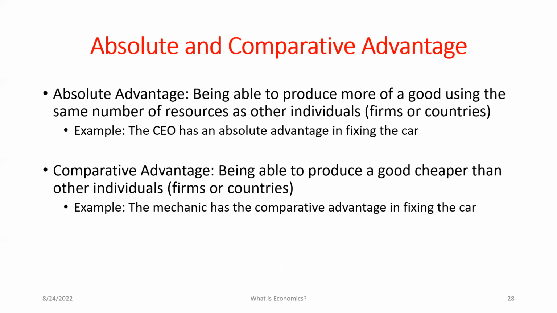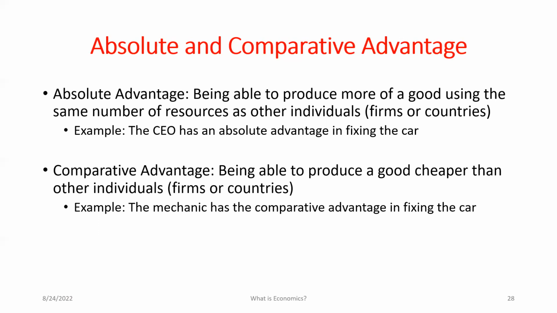But who had the comparative advantage in fixing this car? Well, the mechanic. Although it takes them longer to fix it, it's way less costly for them to work on it for an hour than it would be for the CEO to spend 30 minutes working on his car, because his or her time would be highly valued.